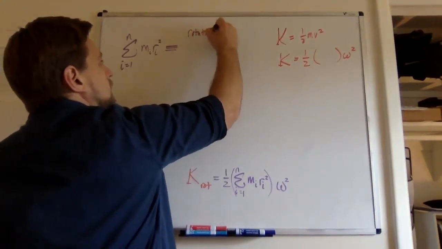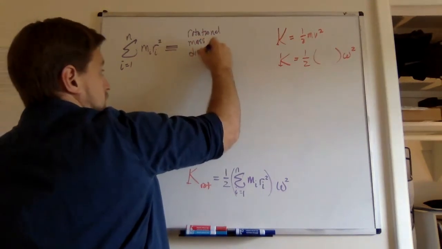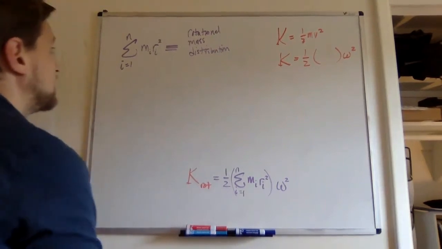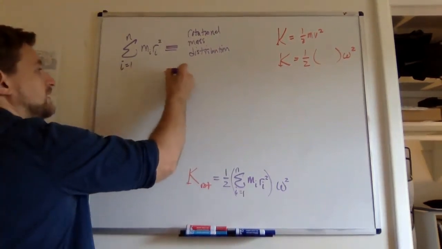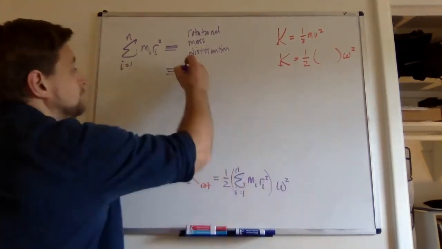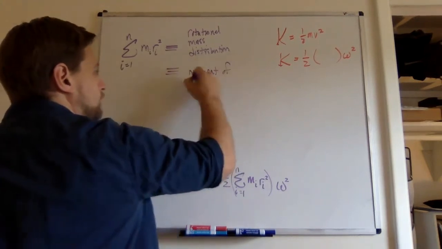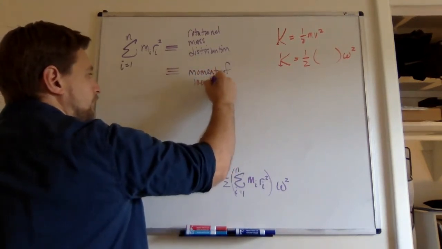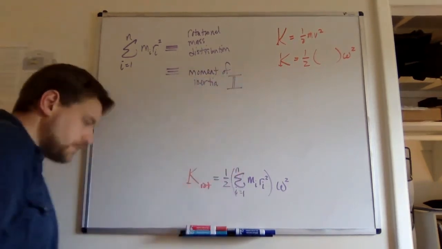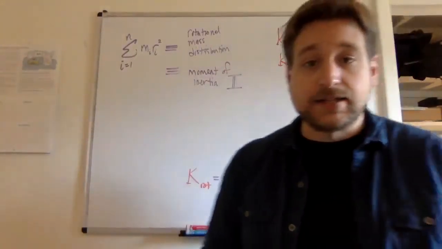Rotational mass distribution. How are we allocating the mass that we have relative to the axis of rotation? I would like to call it the other name, the name that we see in the textbook. Moment of inertia, capital I.